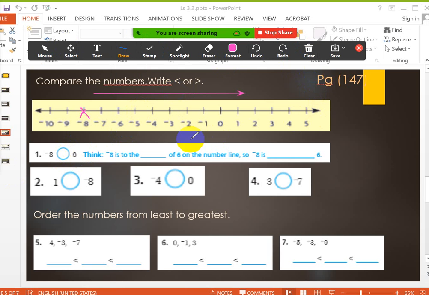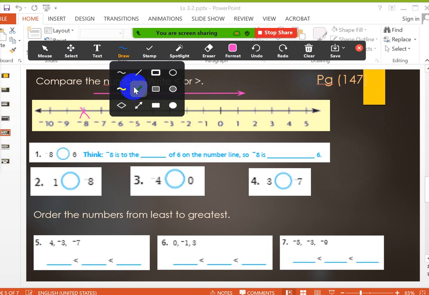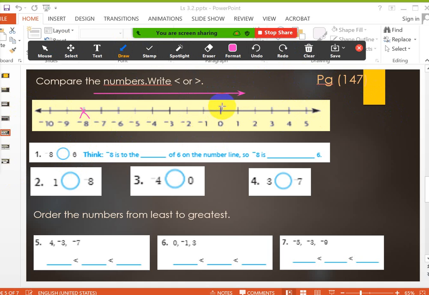Right or left? Right, very good. I don't have 6 here, so I will complete this number line like this. And the 6 will be after 5. This is how I will draw the number line. This is 6, okay?